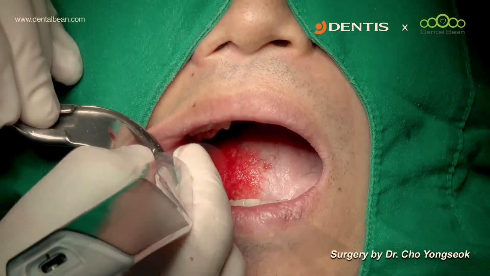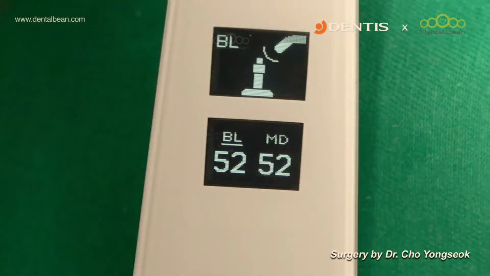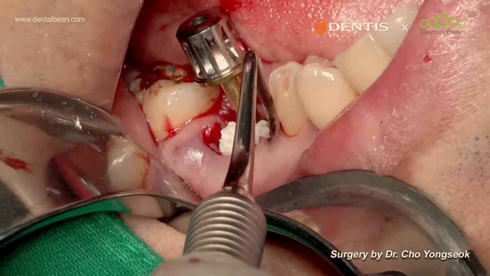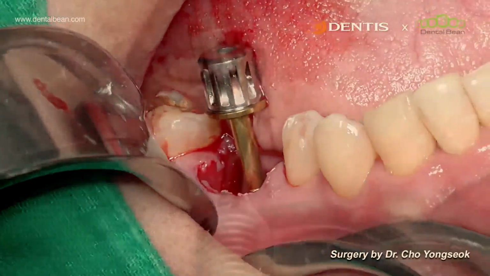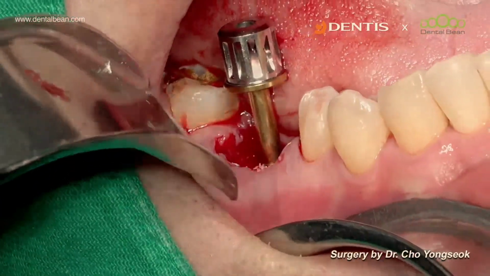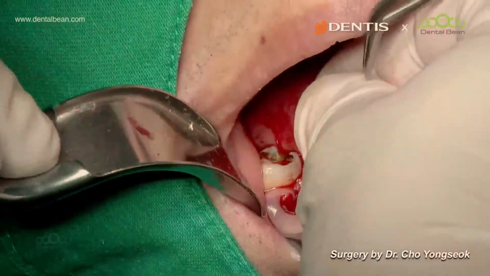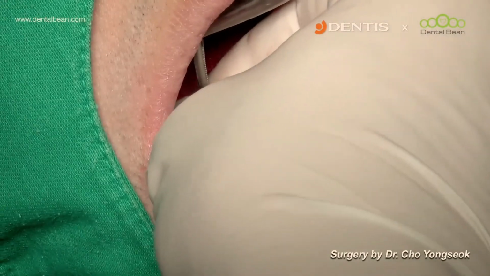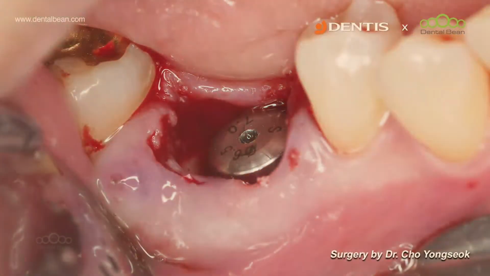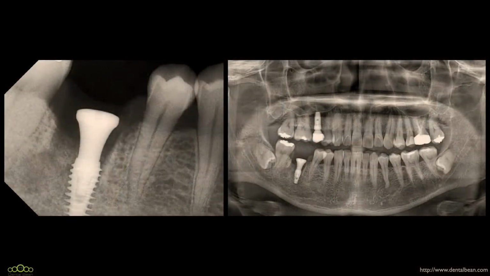Deeply placed. Relatively weak ISQ value, but I decided to connect the healing abutment. Here I can see the grafting only at the buccal side. Then connect the healing abutment and finish the surgery.